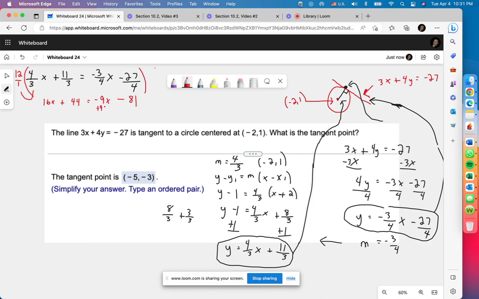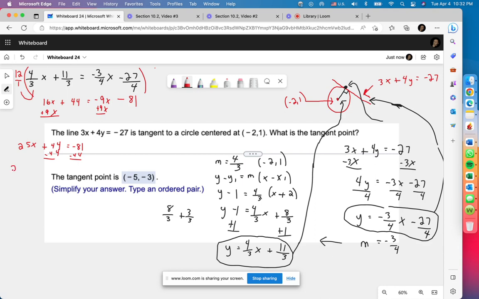Add 9x on both sides. 16 plus 9 is 25. 25x plus 44 equals negative 81. Subtract 44 on both sides.